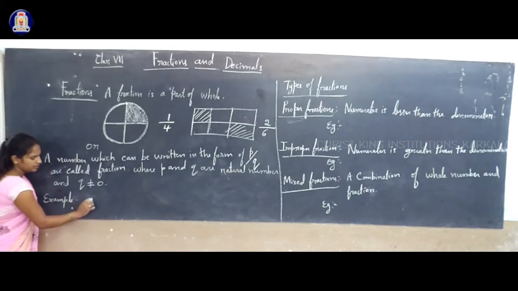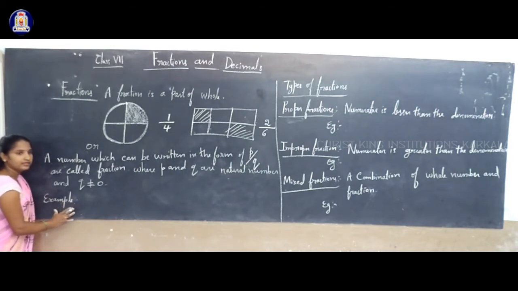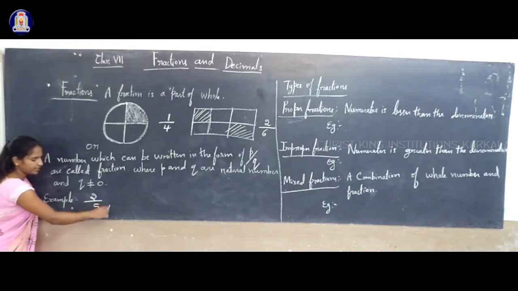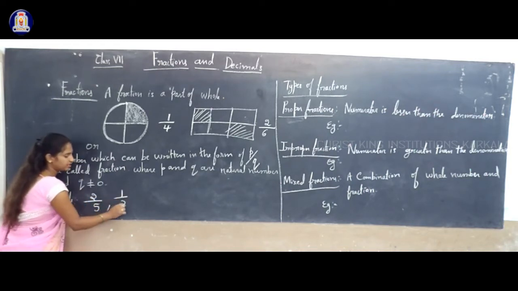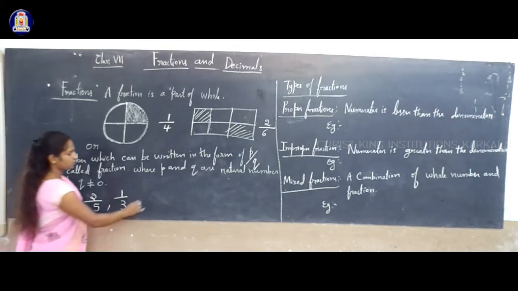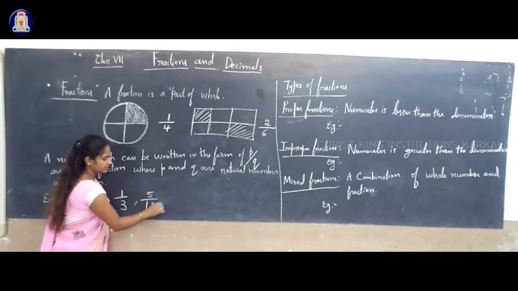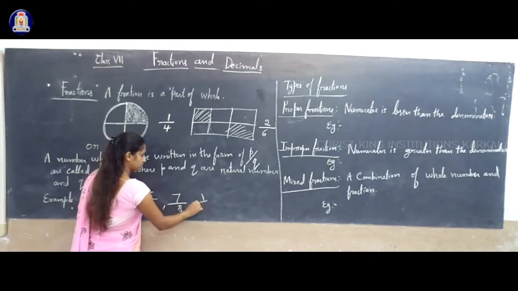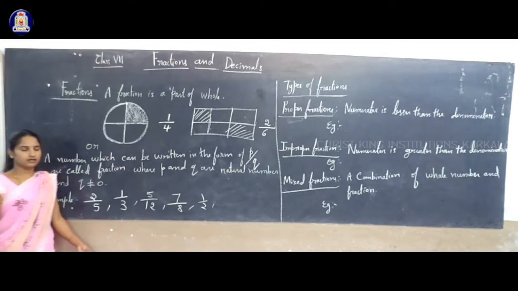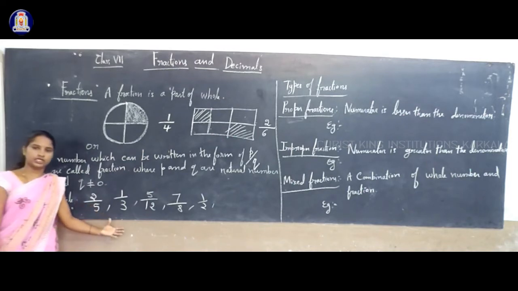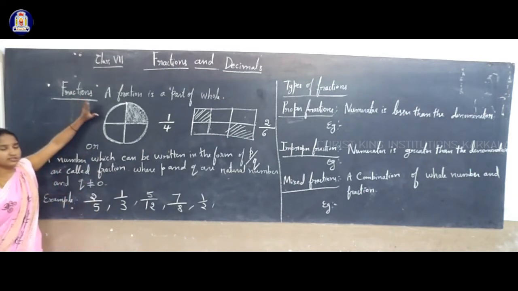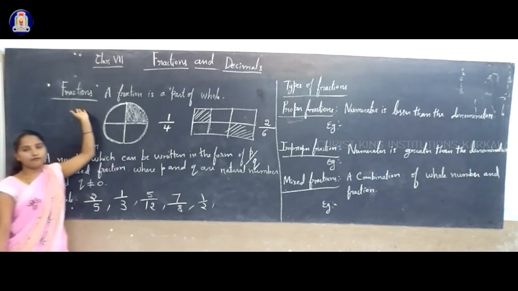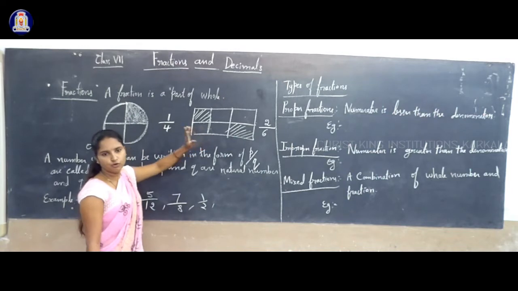For example, we can write examples of fractions: 2 by 5, 1 by 3, 5 by 12, 7 by 8, 1 by 2. So these are examples of fractions. Clear? You can write the first definition or the second definition. The first definition is: a fraction is a part of a whole.